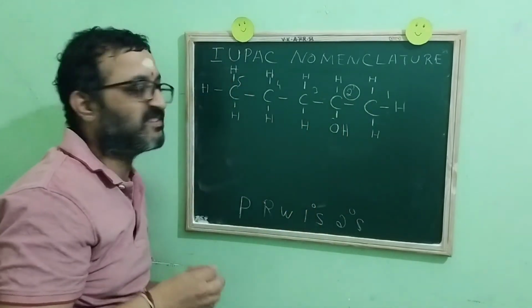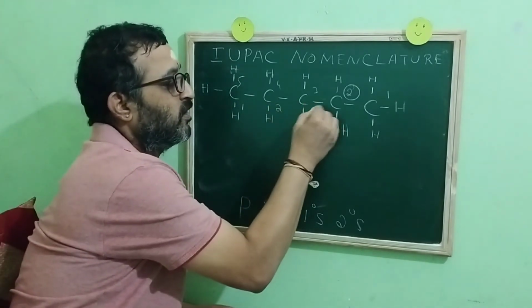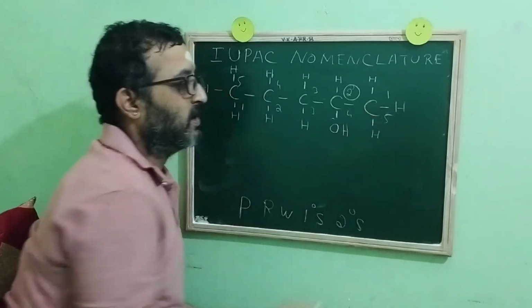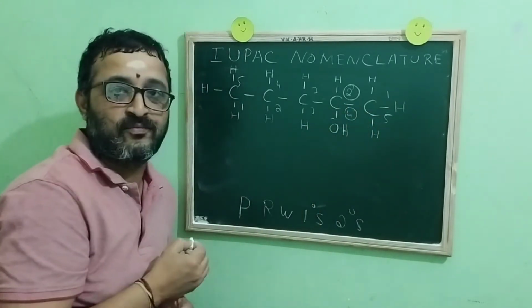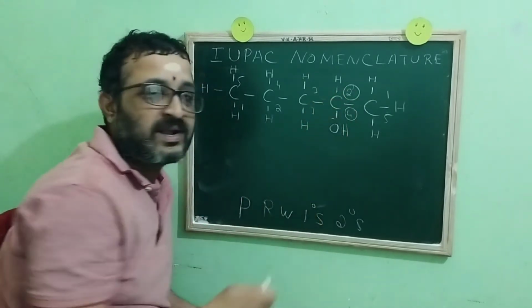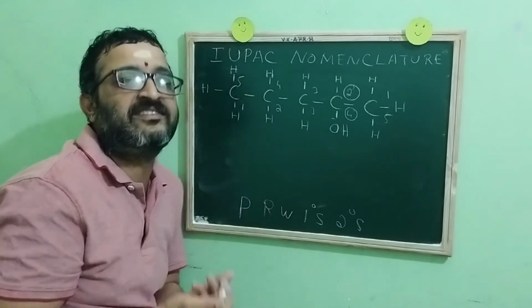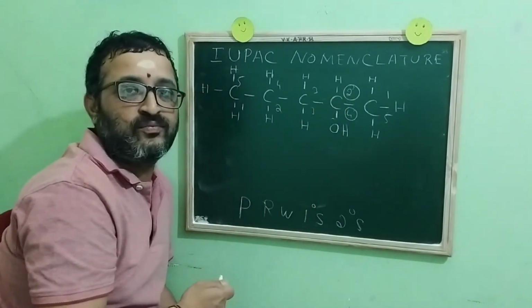OH is attached. Now I'll do the numbering from left side also. 1, 2, 3, 4, 5. Common sense says that for which number I have to put a circle? Yes, fourth one. Now out of 2 and 4, which is the least number? Obviously 2 is the least number when compared to 4.